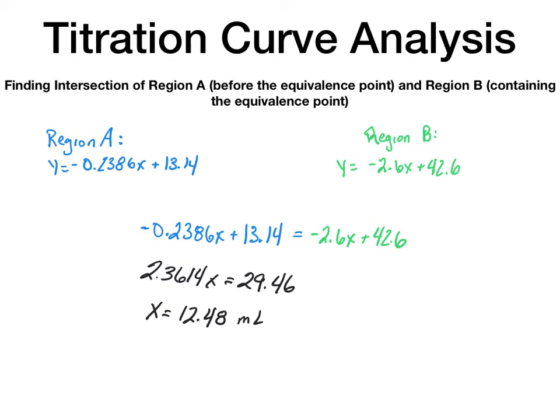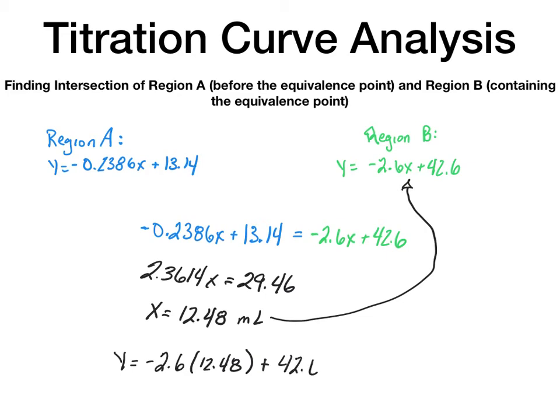So to get y, I'm going to plug this value for x into my region B equation. Now, there's not really a reason that I chose region B. You can choose region A just as easily, and you'll get an answer that is just as valid. So I'm plugging this in, so I've got negative 2.6 times 12.48 plus 42.6.